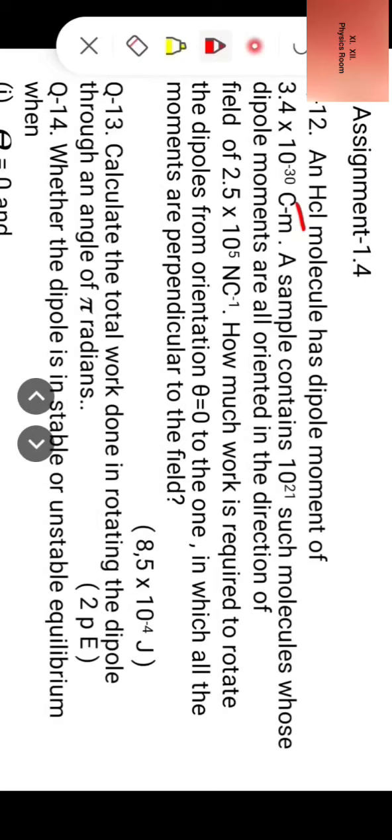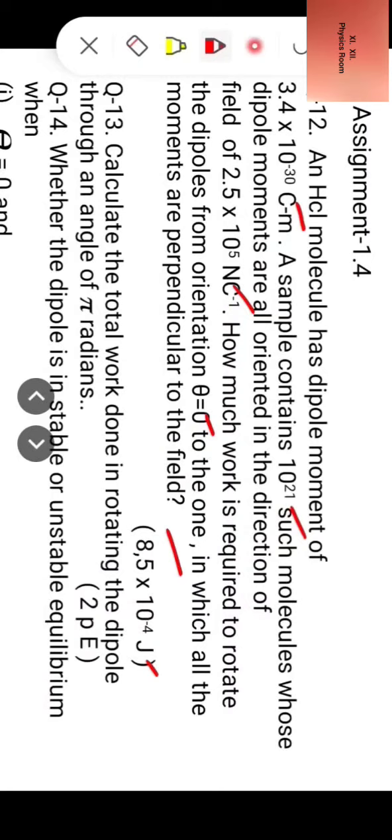A sample contains 10^21 such molecules whose dipole moments are all oriented in the direction of the field of 2.5 × 10^5 newtons per coulomb. How much work is required to rotate the dipoles from orientation θ equal to 0 to the one in which all the moments are perpendicular to the field? So here is the answer. The total work done is 8.5 × 10^−4 joules.